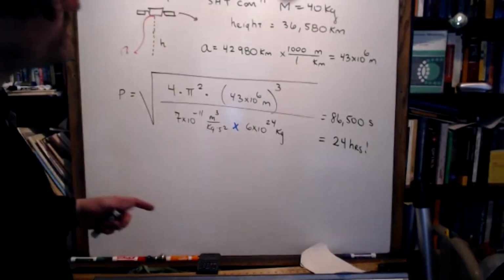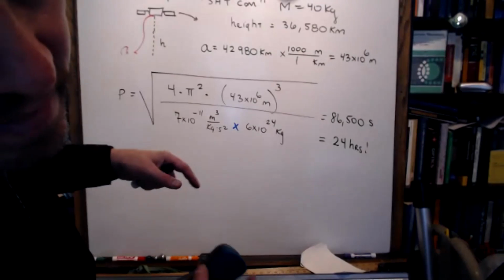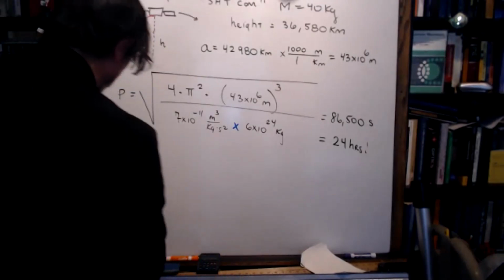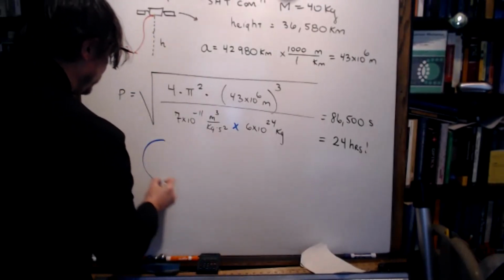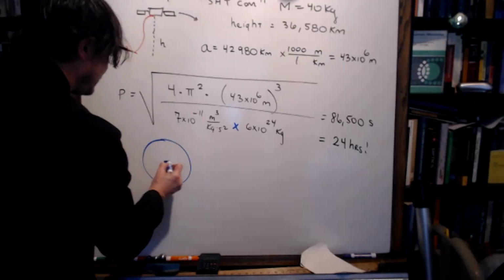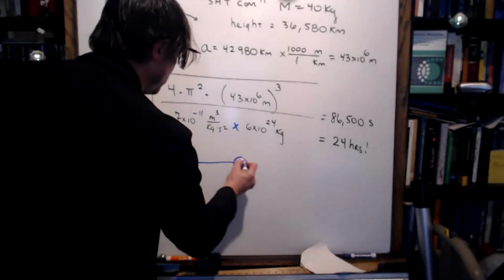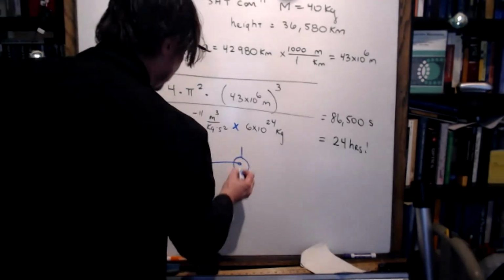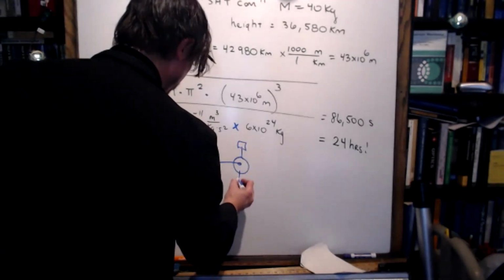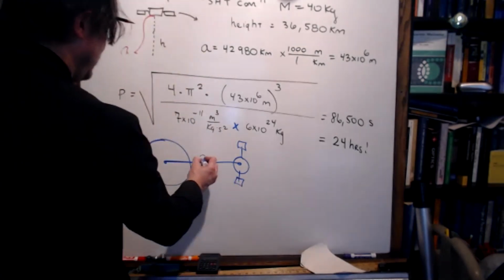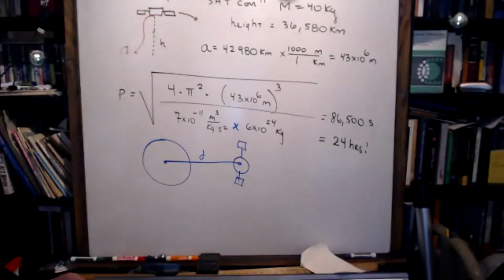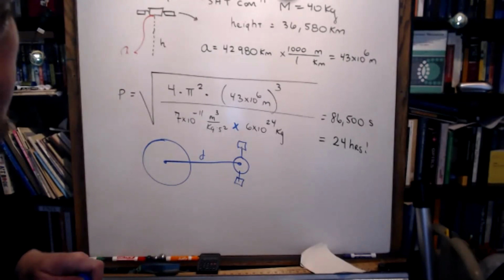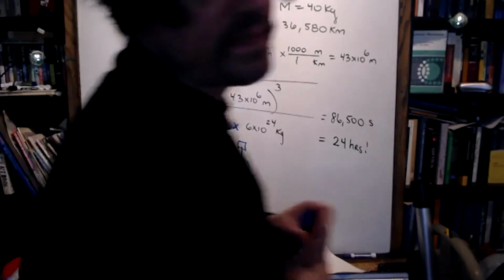In Newton's version of Kepler's third law, A is the semi-major axis of the orbit, but in the law of gravitation, D is the center to center distance between the two objects. If one of the objects is a satellite, what was A in the previous problem is now D in the new problem. And that's okay, Emily.